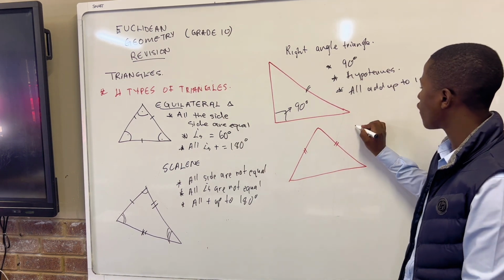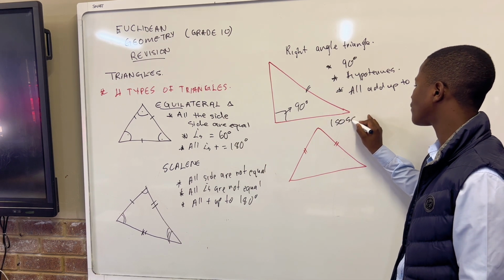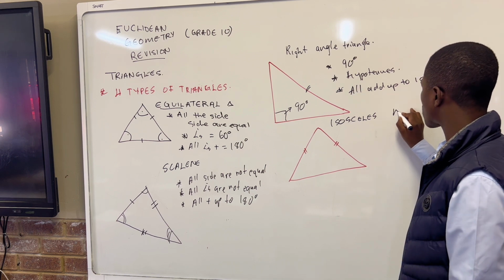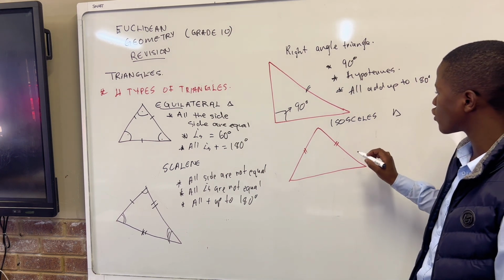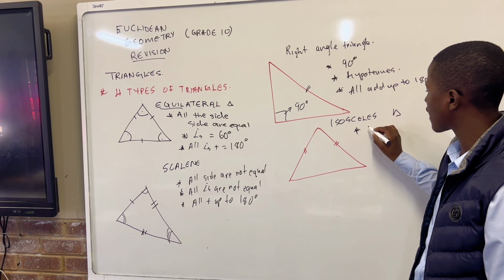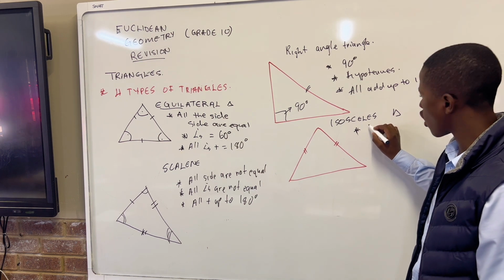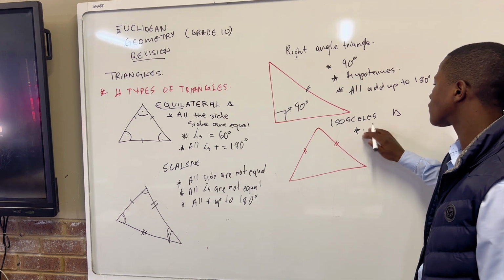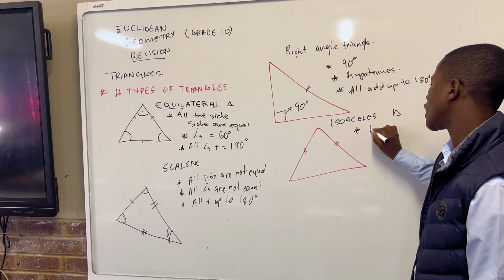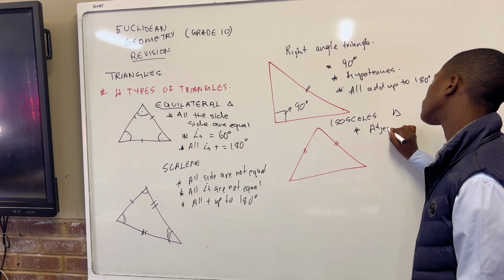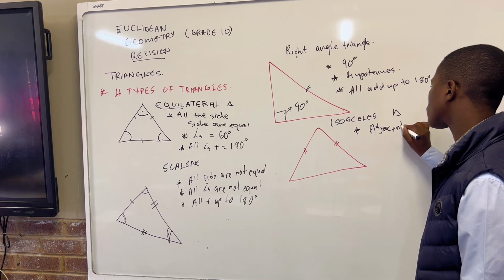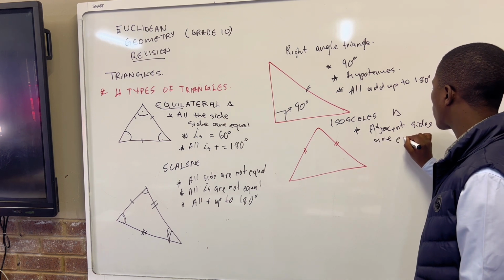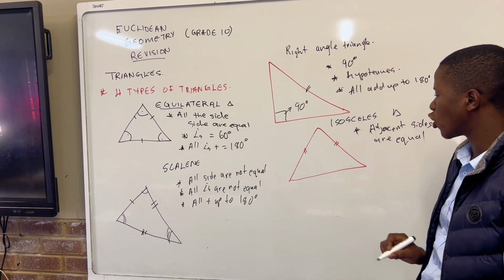So firstly, this is your isosceles triangle, and it consists of two adjacent sides that are equal. Your adjacent sides are going to be equal.